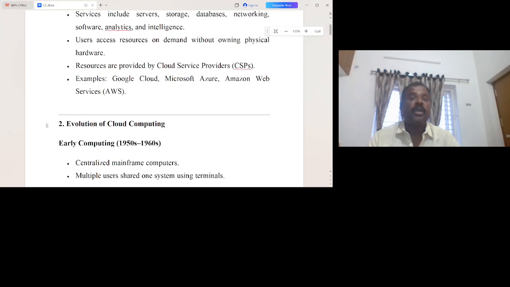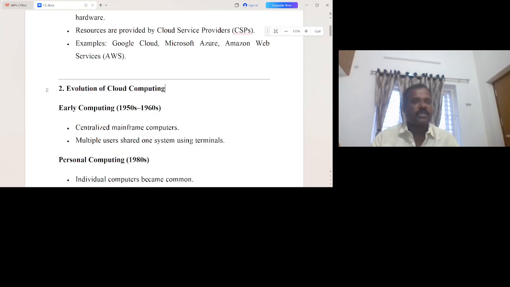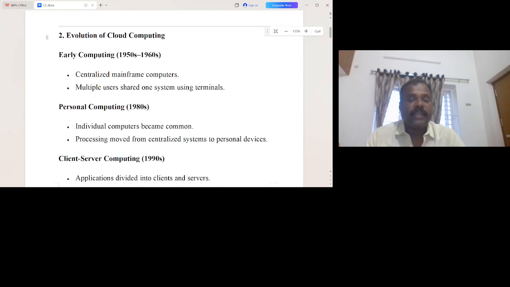Okay, then the evolution of cloud computing. In the 1950s to 1960s, early computing was mainly used on centralized mainframe computers, where multiple users shared one system using terminals. Then in the 1980s we used personal computing, where individual computers became common.